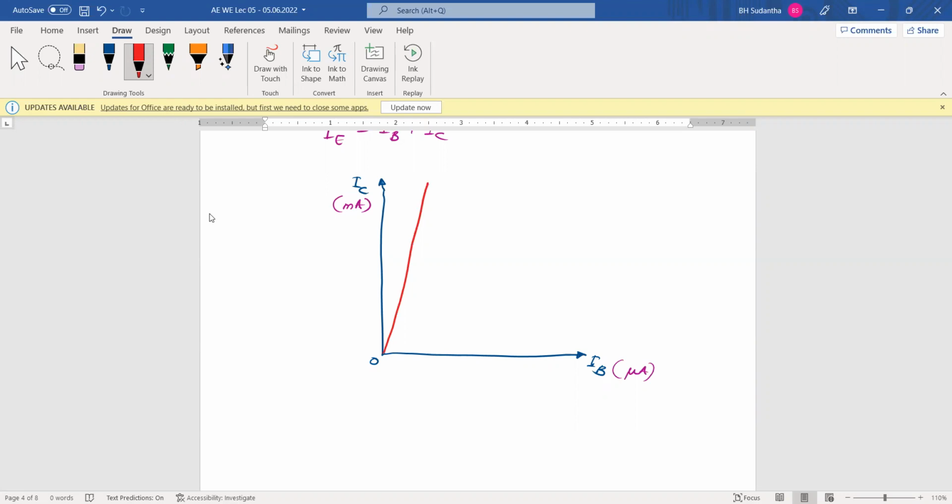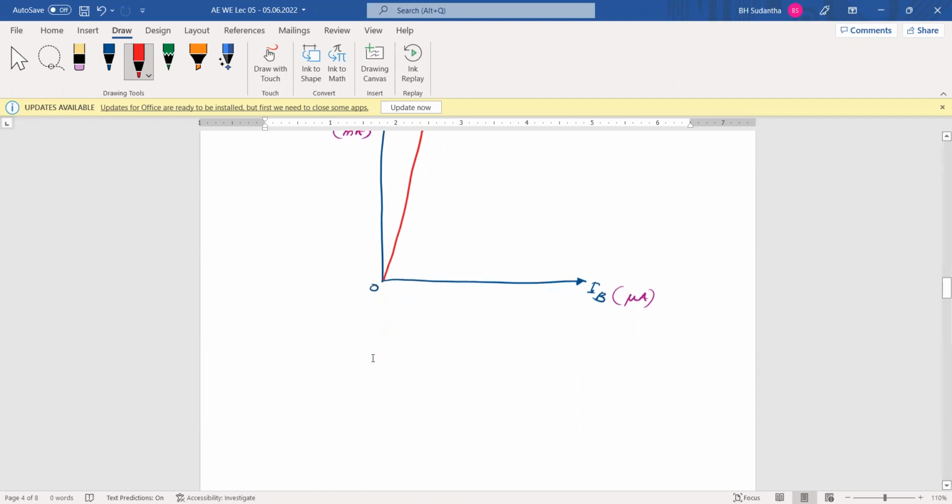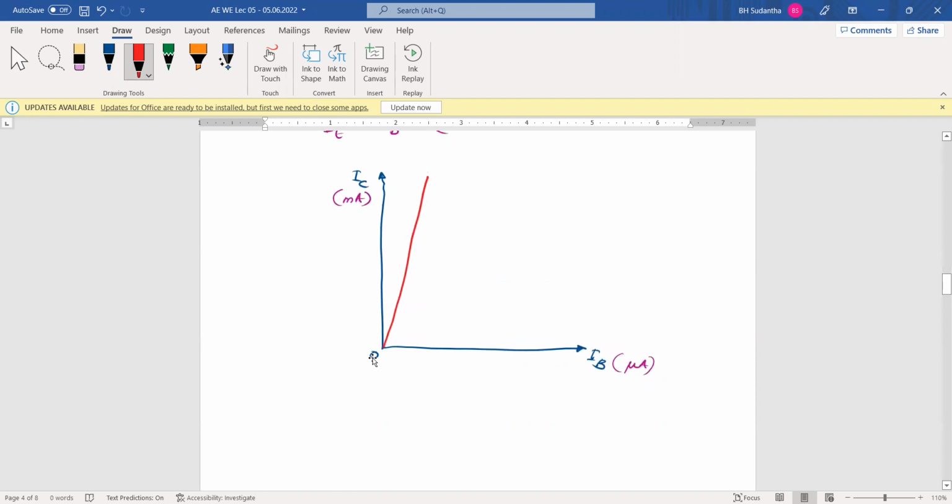When you increase a small amount of IB, as a result you can see a large amount of IC increase. For a small IB variation, you can see a large IC variation. Okay, then this is the graph between IC and IB. Here IC is proportional to IB.